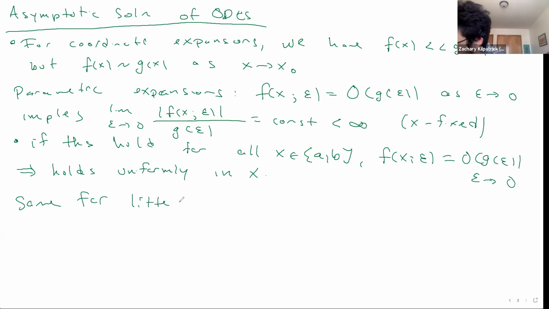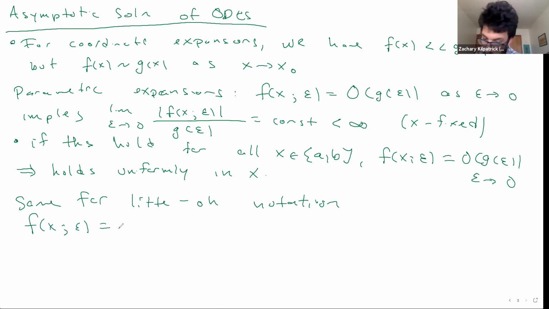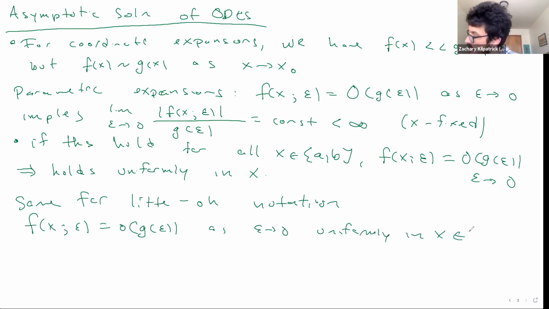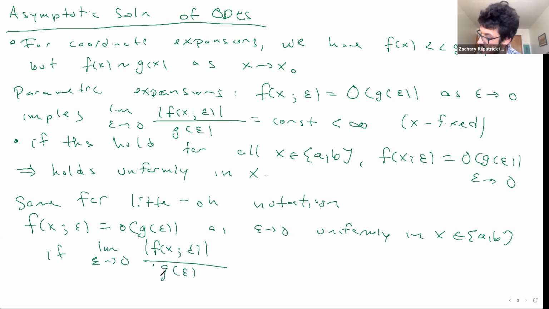You can also define uniform little o notation. f of x, epsilon equals little o of g of epsilon as epsilon goes to 0, uniformly in x on a to b, if the limit as epsilon goes to 0 of f of x, epsilon divided by g of epsilon is equal to 0, basically independent of x, okay?